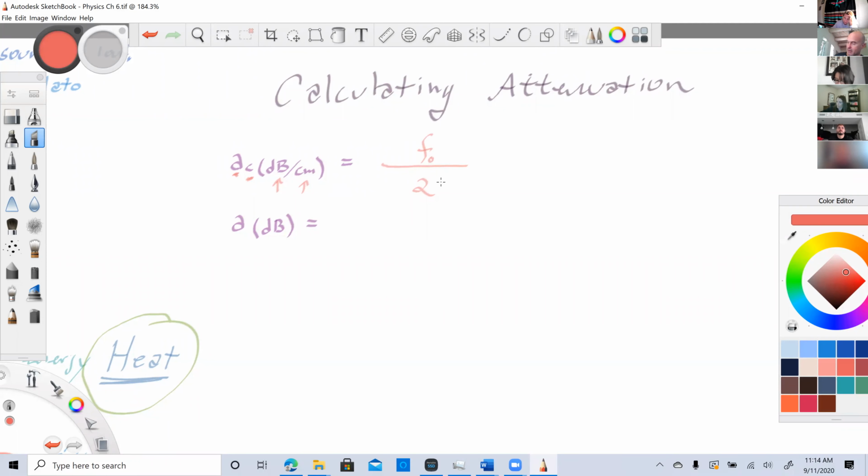It is 2.5 decibels. So if 5 megahertz is our operating frequency, just simply divide that by 2, and we get 2.5. Actually, I could have done that in my head.